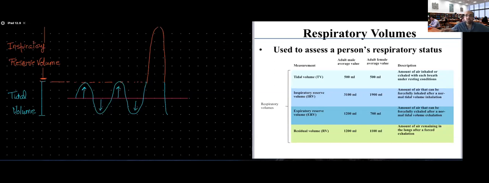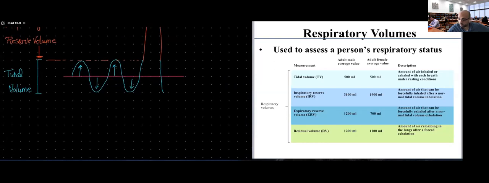So you have extra air that you can move out of the lungs beyond the tidal volume, beyond the quiet exhalation.